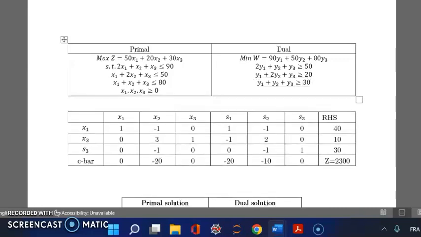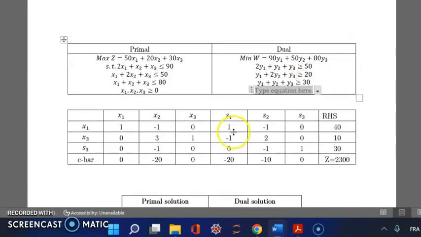Now for the signs of the dual decision variables. As you can see here in the primal, all the constraints follow the canonical form of maximization. Hence we're going to have all the decision variables in the dual greater than or equal to 0.